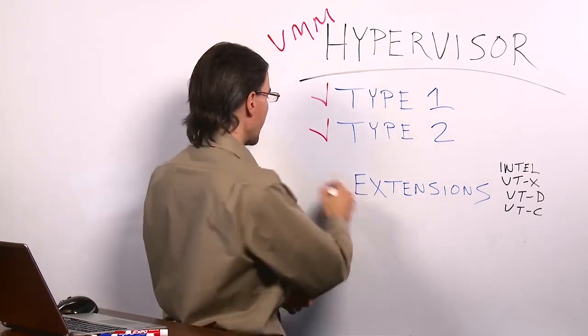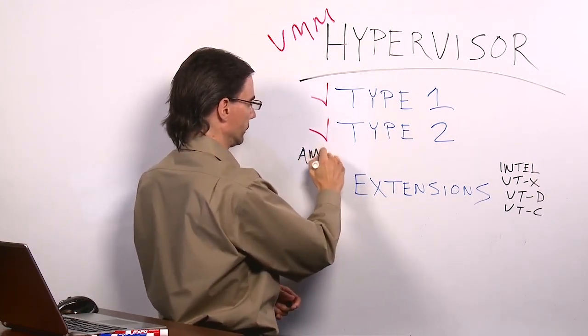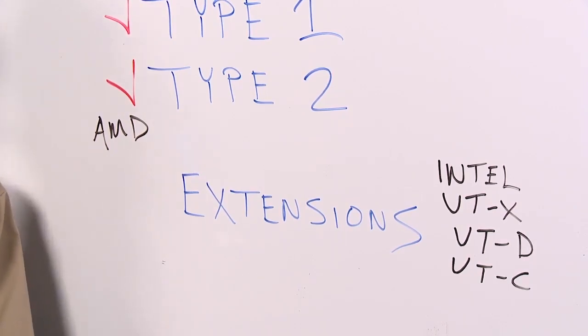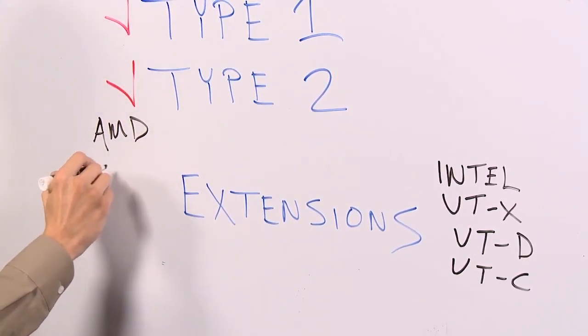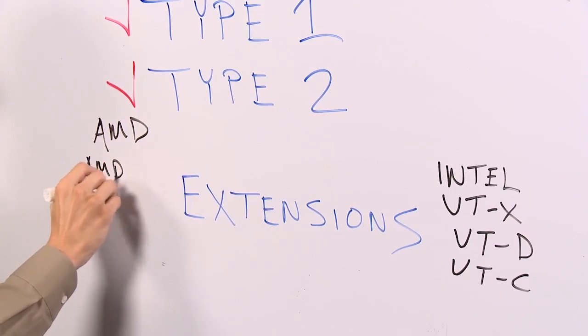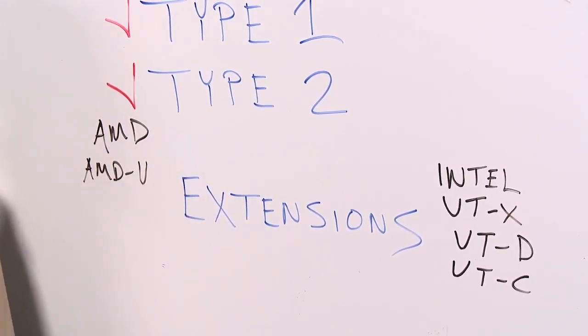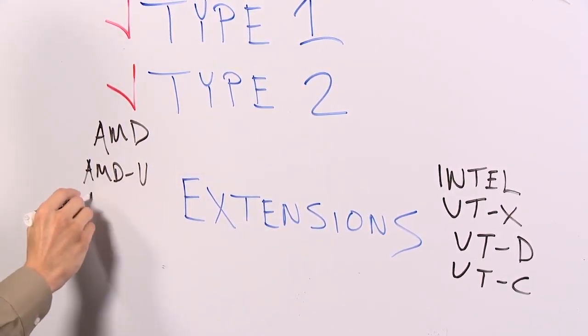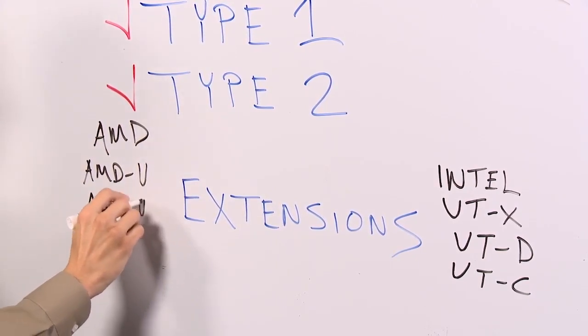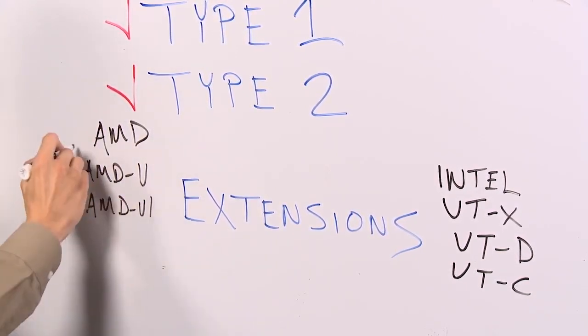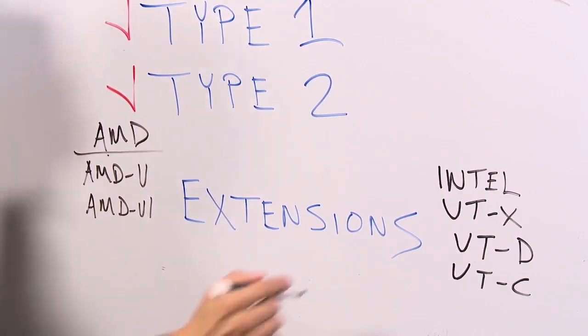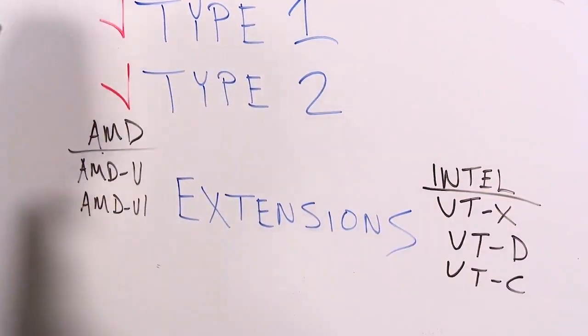On the AMD side, you have other extensions, and for the CPU, it would be AMD-V, and for the chipset, it would be AMD-Vi. So if you have an AMD CPU, you're going to use these. And if you have an Intel CPU, you're going to use these.